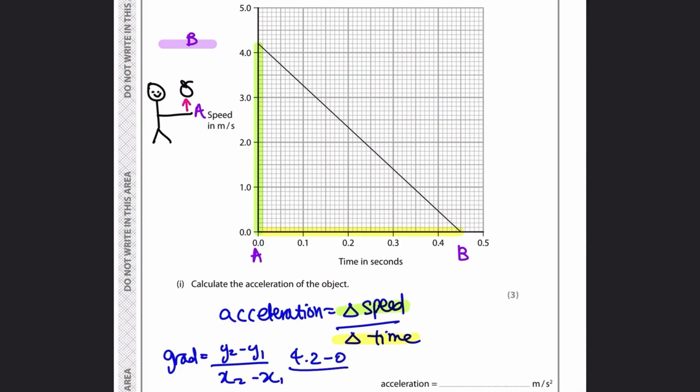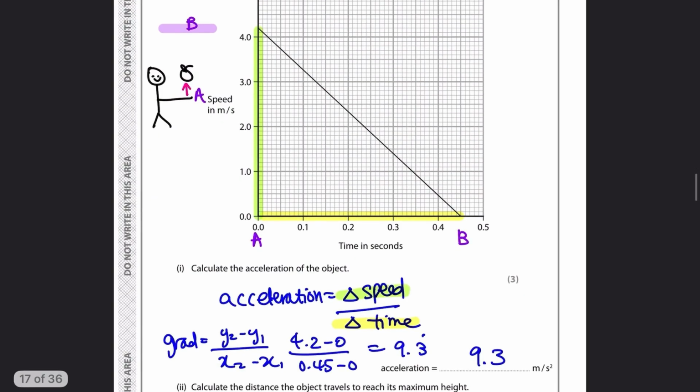Similarly x2 is this number, 0.45, and x1 is 0. So 0.45 minus 0. On the calculator, that would be 4.2 divided by 0.45, which gives you 9.3 recurring. Now, does this make sense?